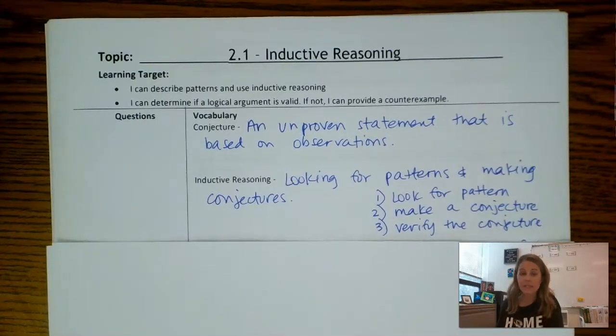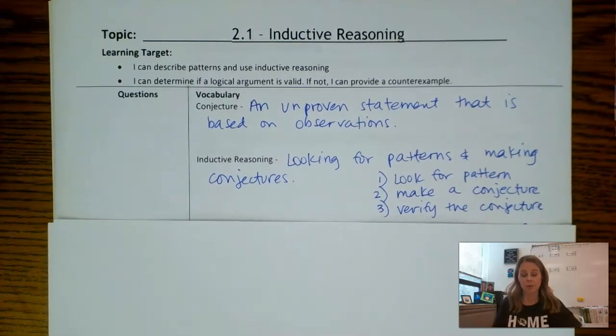Okay, inductive reasoning. So inductive reasoning is the process of looking for patterns and making conjectures. We do this on a daily basis. We notice patterns and we make conjectures or statements about whether that's going to keep happening.